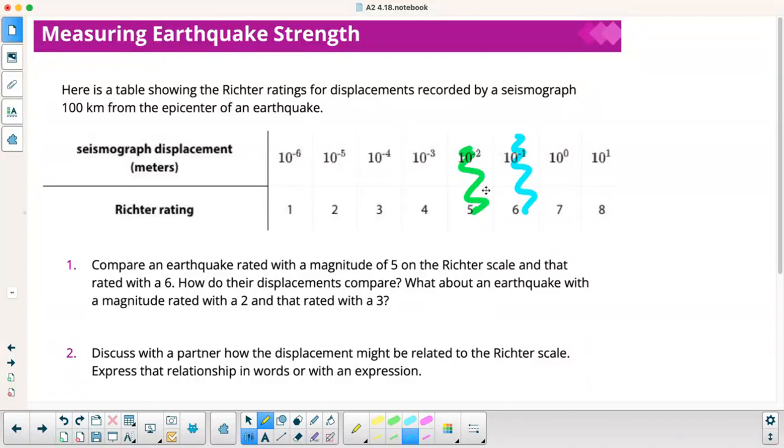So how many times bigger? 10 to the negative 1 is 1/10, and this is 1/100. So that is going to be 10 times as great. So 5 versus 6 is 10 times. 6 is 10 times as great.